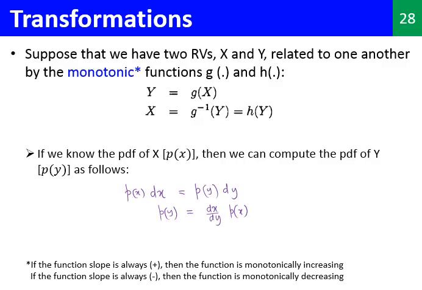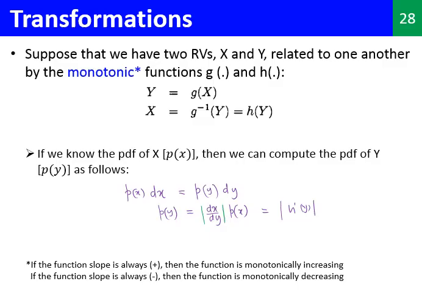Now one thing to note is that y can either increase or decrease when x is changing. Therefore we'll actually be considering the absolute value of this one, and we can further write this as, so from the above function we have x equals h(y), therefore we can write dx over dy as h dash y.